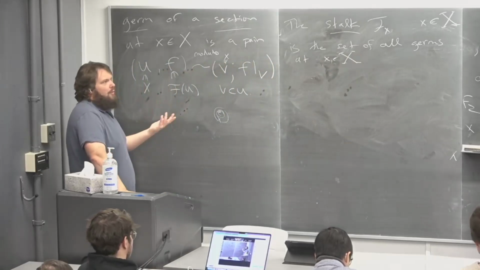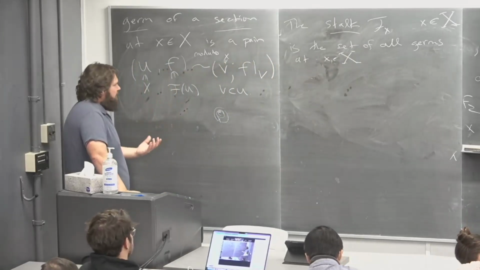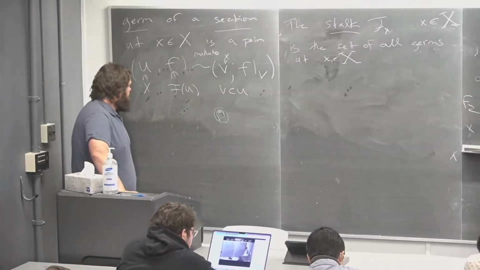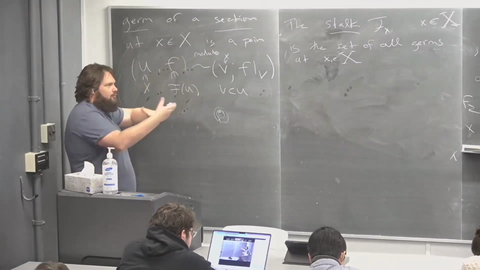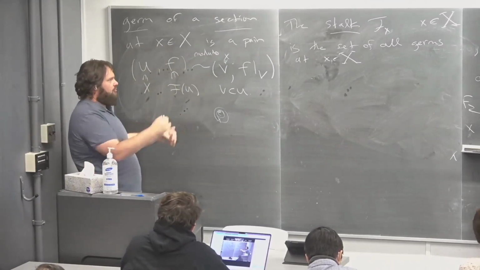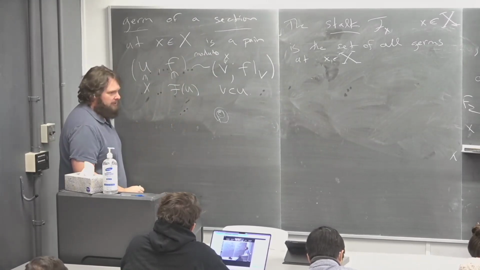So I look at all of the open subsets containing x, and I look at progressively smaller and smaller ones. If I have two open subsets, I can always just look at their intersection. And so I'm taking germs on smaller and smaller open subsets.